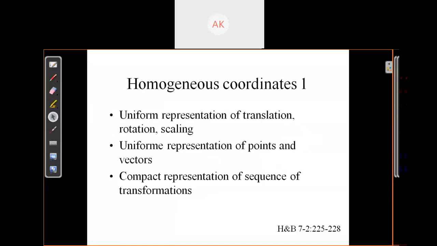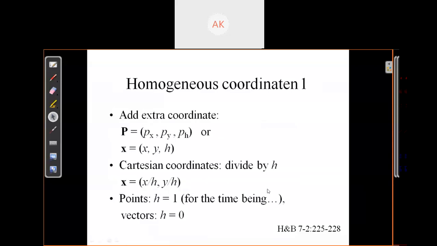The homogeneous coordinate system gives a uniform representation of translation, rotation, and scaling, means we get a uniform equation for all these general transformations. Firstly, we change the size of the matrix from 2 cross 2 into 3 cross 3. Why we change the size, we will see.